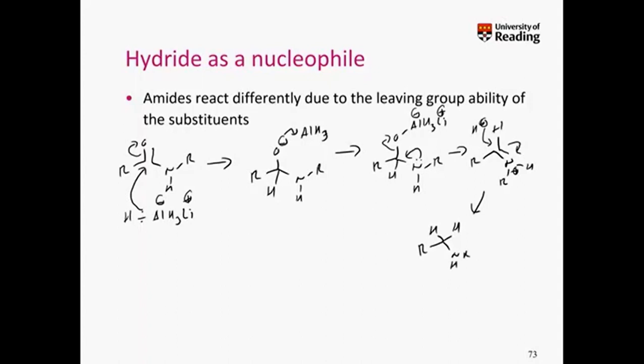So when we take lithium aluminum hydride with an amide, we would end up with an amine product rather than the alcohol products that we ended up with, or the two different alcohol products. Here we just end up with one amine.